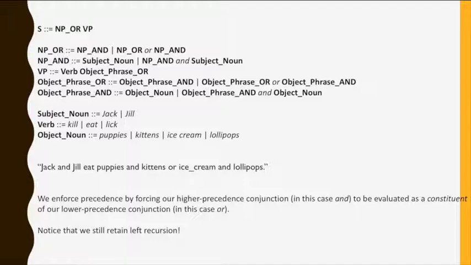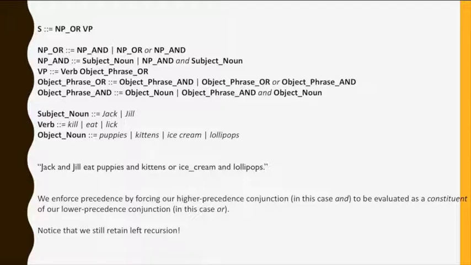So, Leo, what's this thing we added to our terminals? I see that our noun phrase is now split from noun phrase by itself to NP or and NP and, and our object phrase is now the same. Yeah, so let me talk about that for a second. What we did was we added a couple non-terminals, right? Can you point out the new non-terminals that we added?